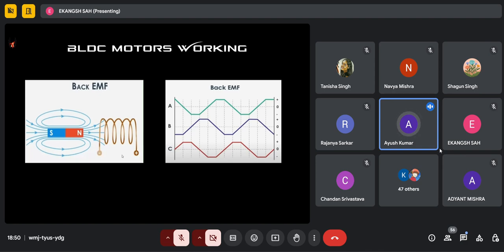This current is in a direction such that it opposes the change in magnetic field, as described by Lenz's law. Due to the generation of current in that motor winding, there is a voltage drop, which is detected by the microcontroller of the ESC, and based on that, it predicts the position of the rotor when we are going for the sensorless technique to detect the rotor position. Next slide.